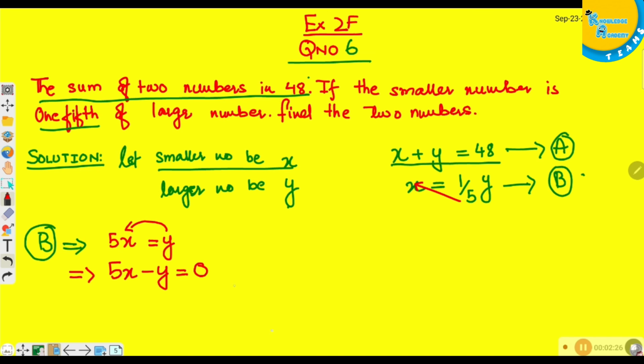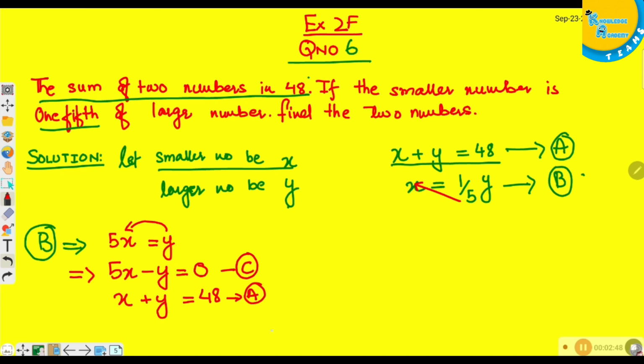Now we have got two equations, C and A, and we have to treat those two equations. So this is C, and I'm going to write down A, that is x plus y is equal to 48. Simple.